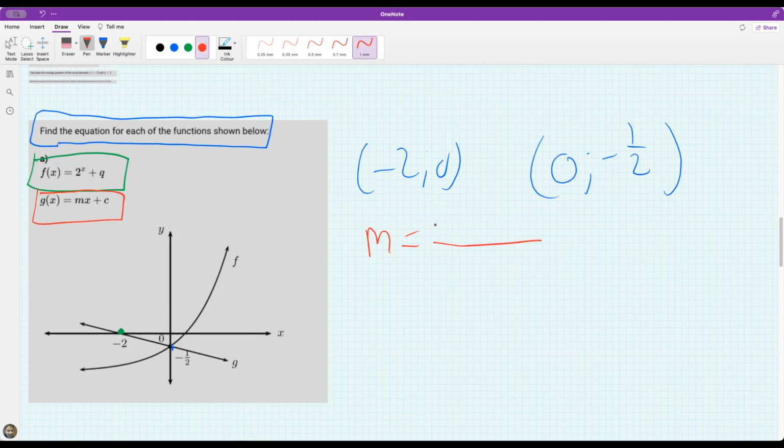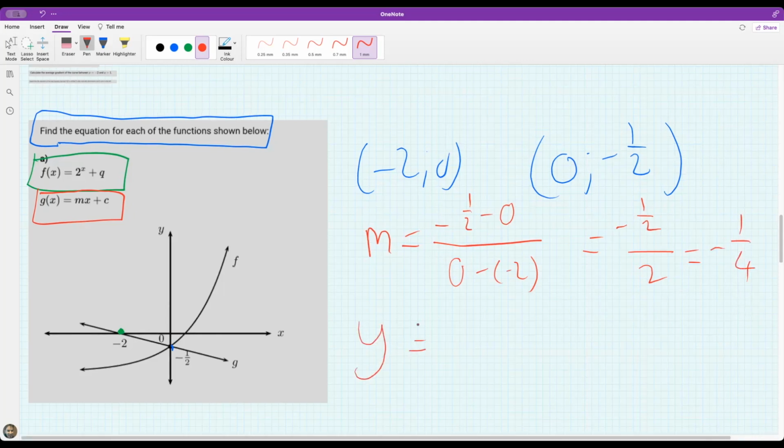So minus a half minus 0, over 0 minus minus 2, should be minus a half over 2, which is minus a quarter. Yes, Ronnie agrees. All right.